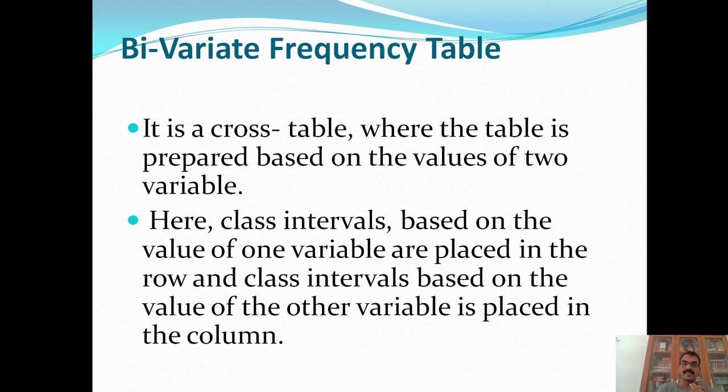Bivariate frequency table. It's a cross table where the table is prepared based on the values of two variables. Here, the class intervals based on the value of one variable are placed in the row, and the class intervals based on the value of the other variable are placed in the column.